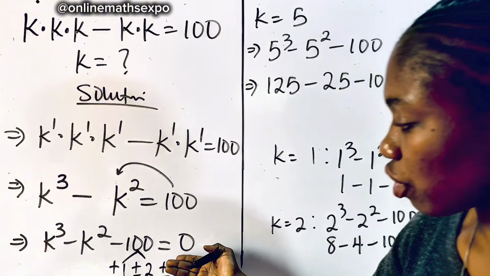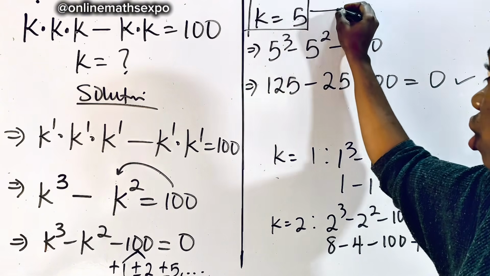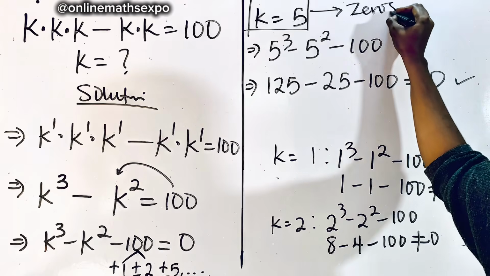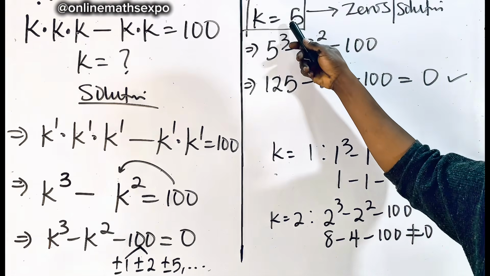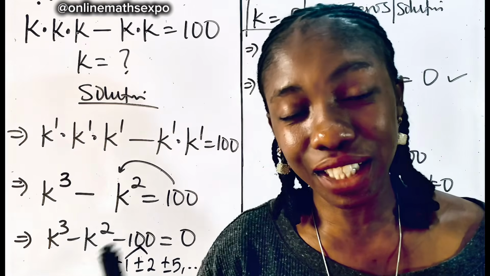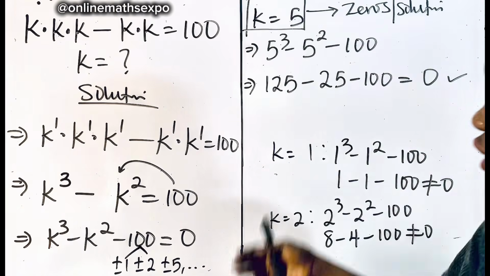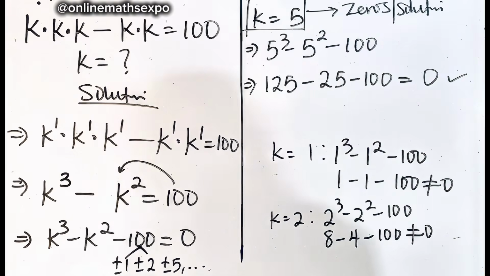So because it's giving us 0, it means that k being 5 is one of the zeros or solutions of this equation. Now we are going to use this value of k as 5, using our synthetic division method, to get the remaining solutions of this equation. Let's do that.